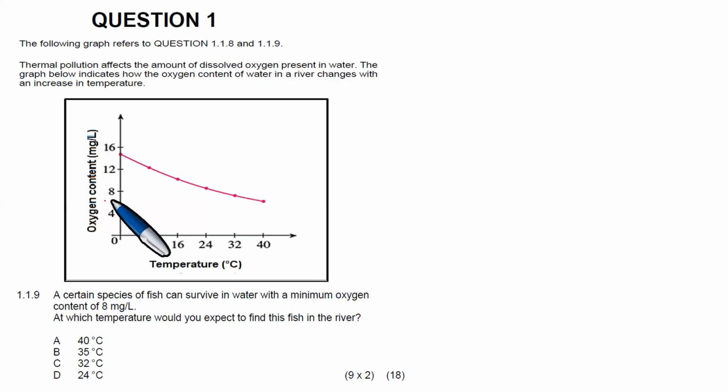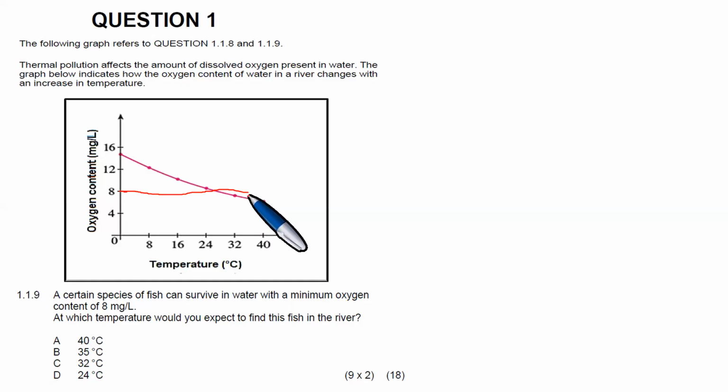So if you draw from 8, if you look very carefully, ideally it comes close to that.